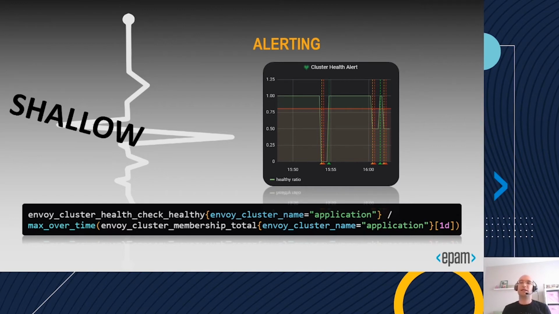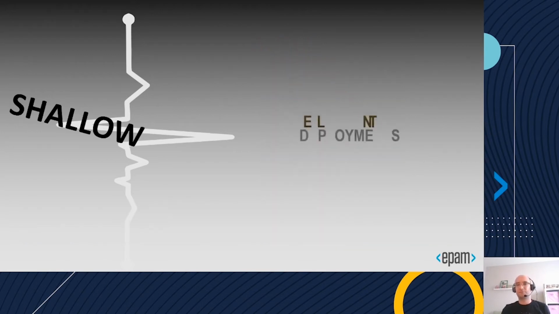So when traffic arrives, let's say after a warm-up period, the instances will always have been checked on whether they can provide some workload or not. So it's not traffic dependent. That's the positive thing about shallow health checks.